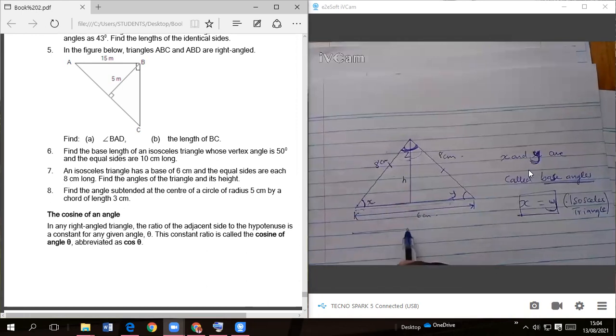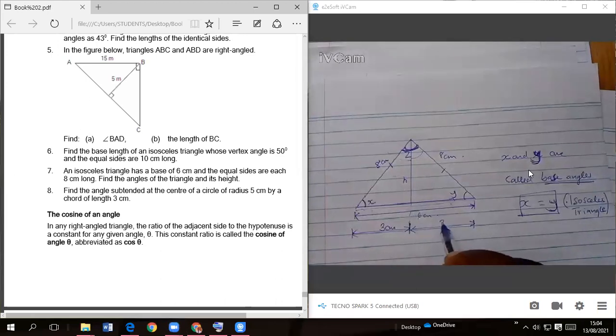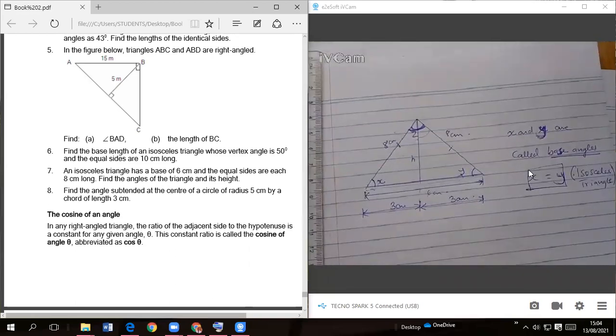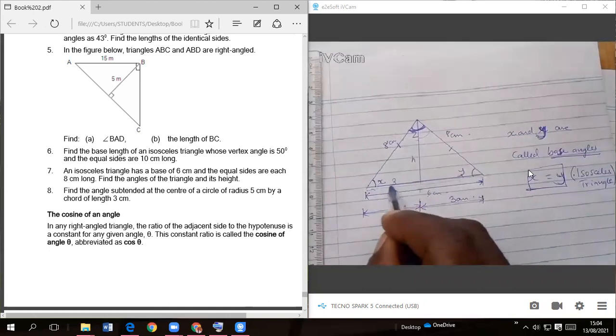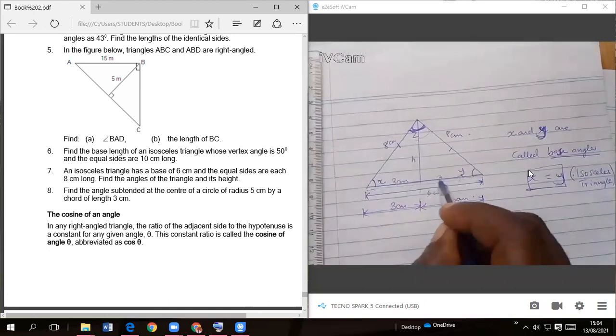We shall have half here and another half here. So if this was 6, this will be 3, and this will be 3 centimeters. Such that now we have two right-angled triangles.